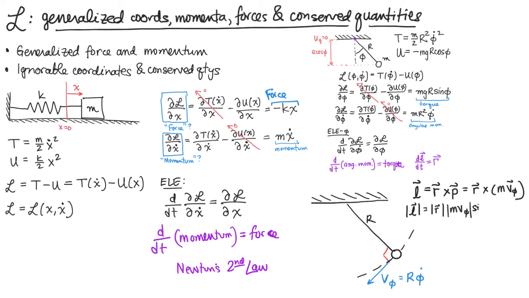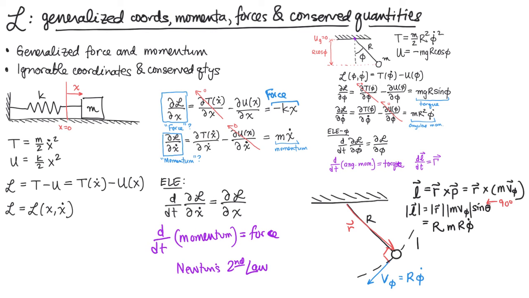And what is the sine of theta in this case? Well, it's the angle between the position vector and the velocity vector, but that angle is 90 degrees. Sine of 90 is 1. So here we have magnitude of r, the position vector. Well, that's the length of the string. m v phi is m times r phi dot.